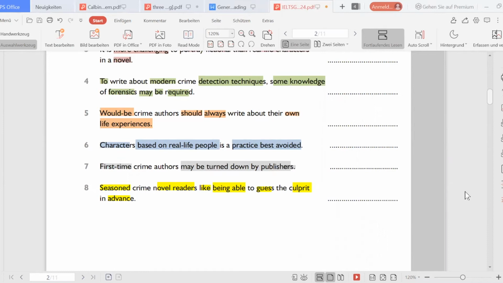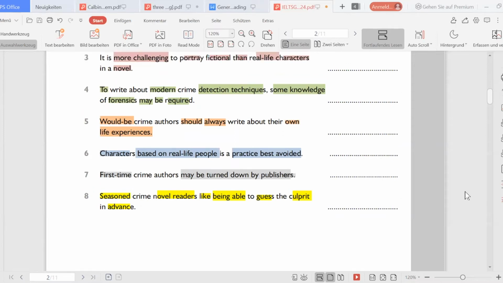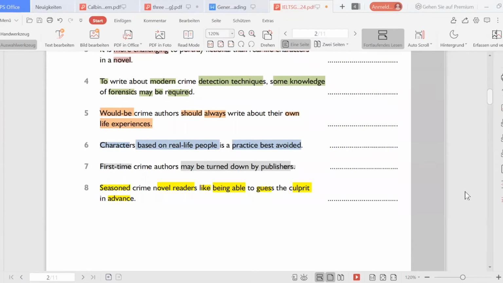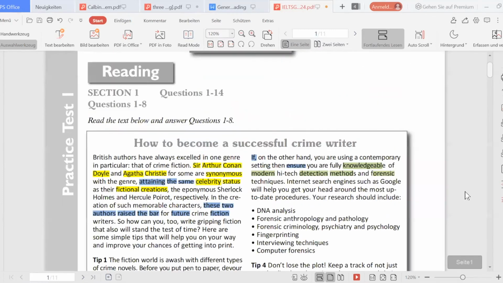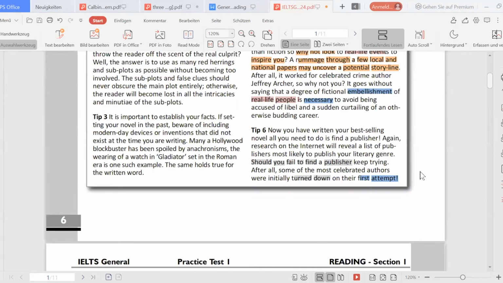Statement 8: seasoned crime novel readers like being able to guess the culprit in advance. This is kind of tricky because initially I said you always move on from the sentence. It works because remember our last question, we used this statement to answer and the text has finished.